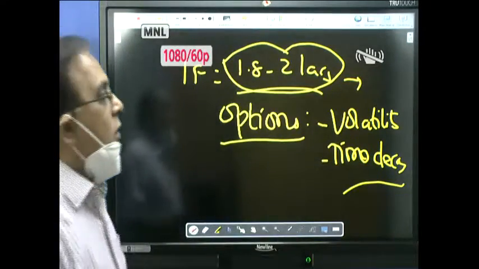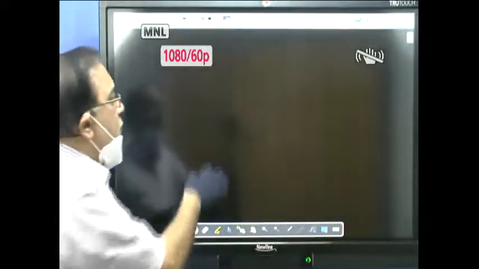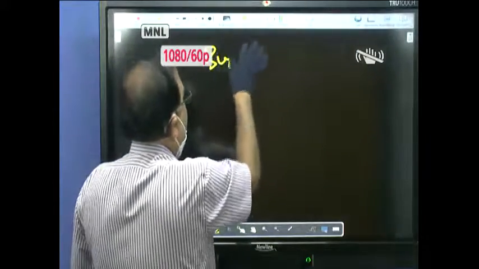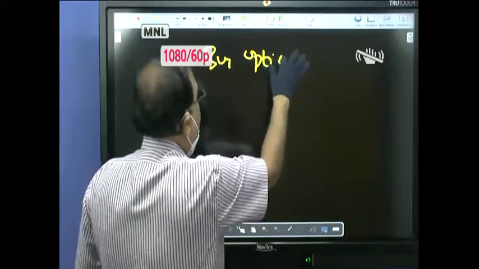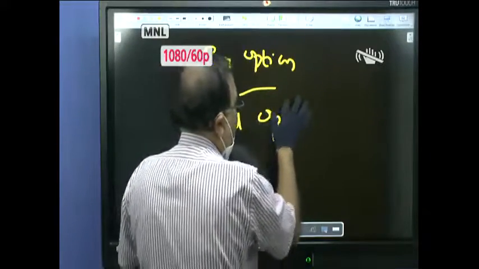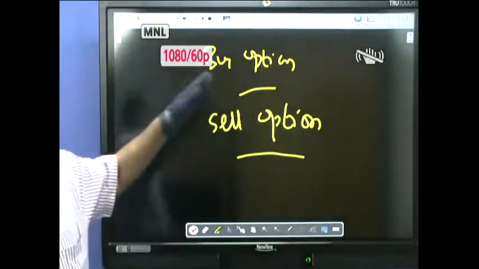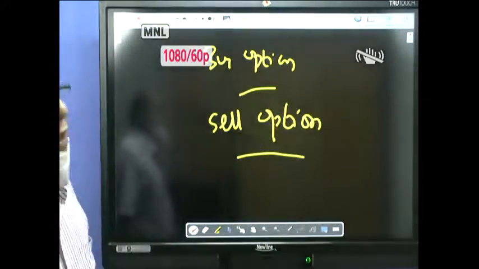Now the present margining system in option trade is like this. If you buy an option, then you just pay a premium. Any spread trade will have a buy option and a sell option. When we say spread, it has to be more than one leg: one is you are buying an option, the second leg is that you are selling an option.